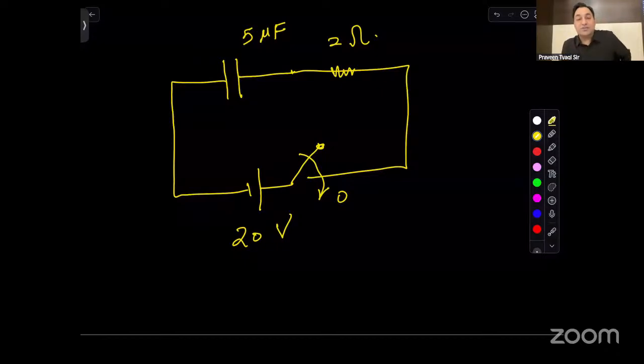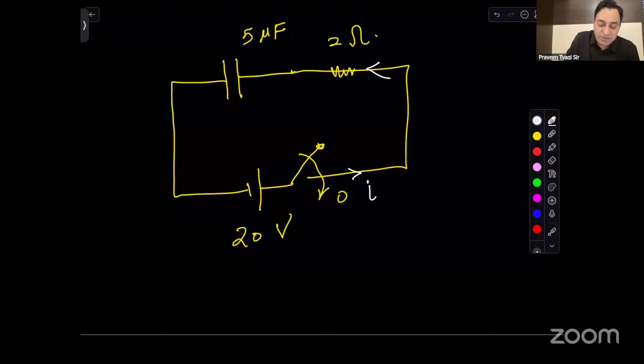This is like charging of a capacitor, so please pay attention. Initially, when the battery is connected, some current will start flowing in this direction, and the capacitor will start getting charged.